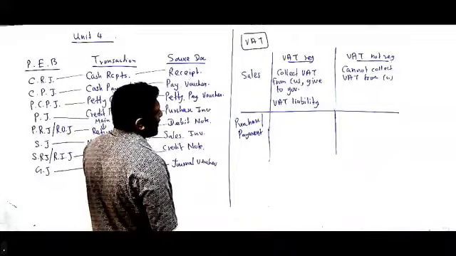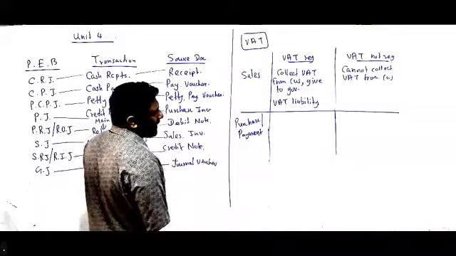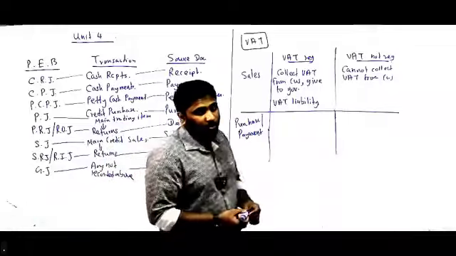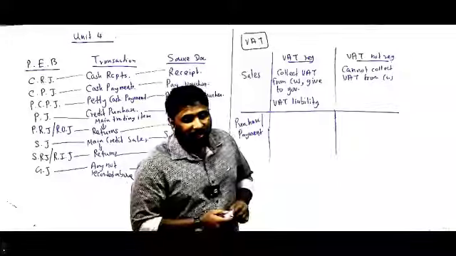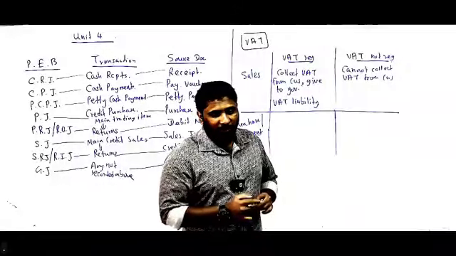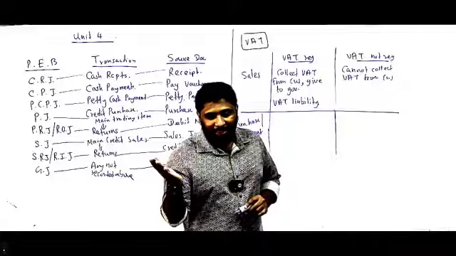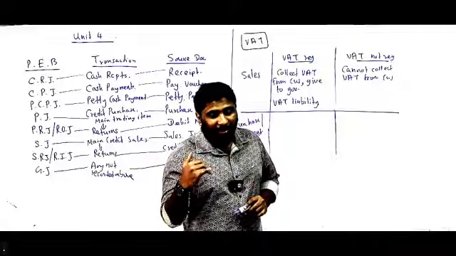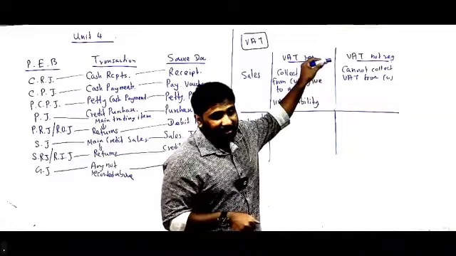So when it comes to the purchase or payment, if we are a VAT registered business, what did I tell you? Our supplier will ask us to pay VAT. What we can do is go to the government and take the VAT money back from the government. That is the reason we are registered for VAT.